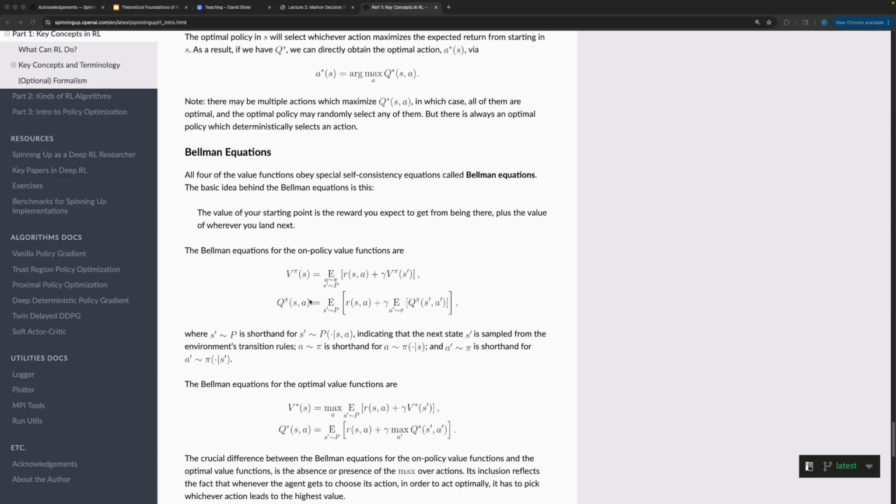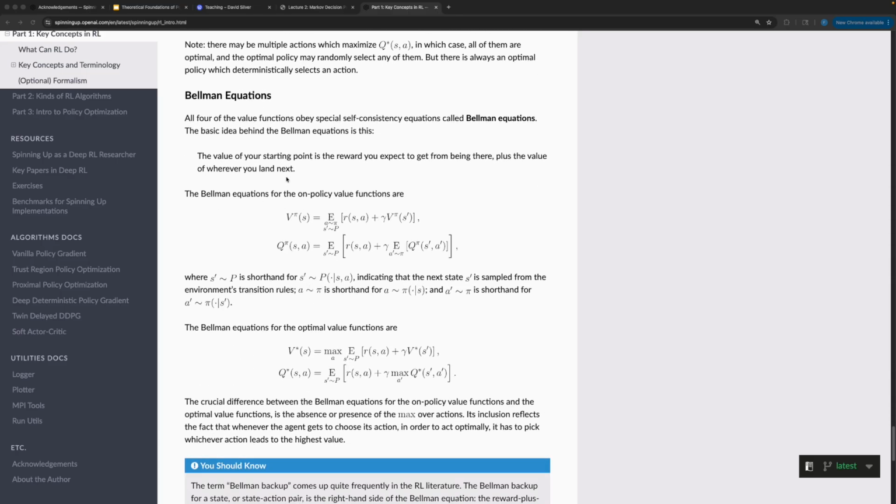Similarly, there are more relationships which we call Bellman equations. These give you self-consistency equations for value functions and action value functions.